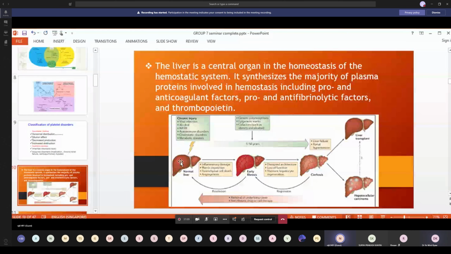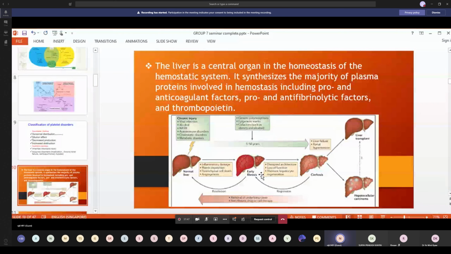Now we see the physiologic function of the liver. From the normal liver, after undergoing chronic injury due to alcohol or other disorders, it becomes inflammation, and then fibrosis starts. Over this long period, destructive factors like obesity, alcohol, or genetics make it worse, leading to cirrhosis.